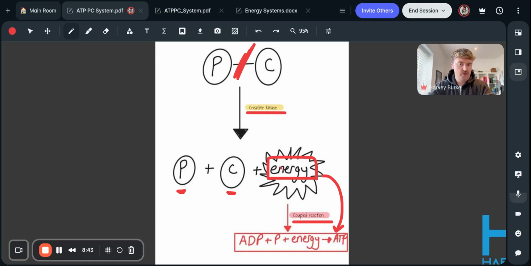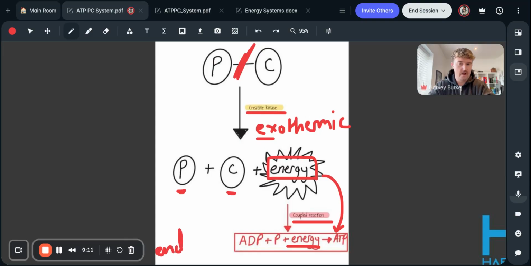Now, if a reaction is releasing energy, it's known as an exothermic reaction. So you can remember EX for exiting. The energy is exiting the reaction. So all three of the energy systems, ATP-PC, glycolytic, and aerobic, they're all exothermic reactions. And then the energy that is released from those exothermic reactions is then used in this endothermic reaction.